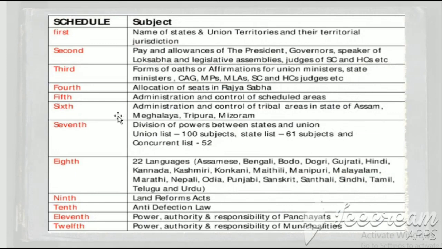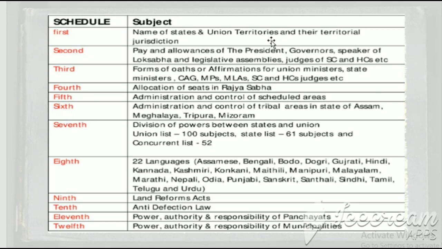Here I have listed down all the schedules and the subjects that come under them. For example, in the first schedule, the names of the states and union territories and their territorial jurisdiction come. The second schedule is subjected to the pay and allowances of the president, governor, speaker of Lok Sabha and legislative assembly, and judges of Supreme Court and High Court.